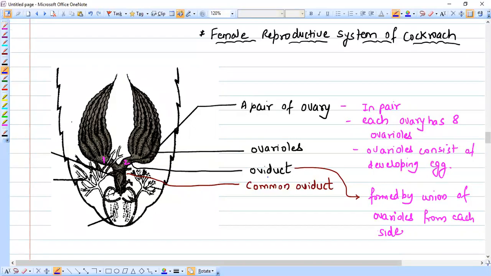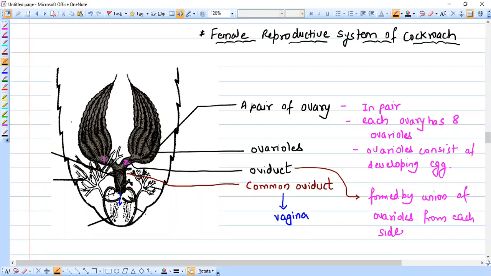This common oviduct is also termed as the vagina. This is the vagina of the cockroach. Now this vagina is the common oviduct, and where the vagina opens, this lower part where the common oviduct is opening is called the genital chamber.